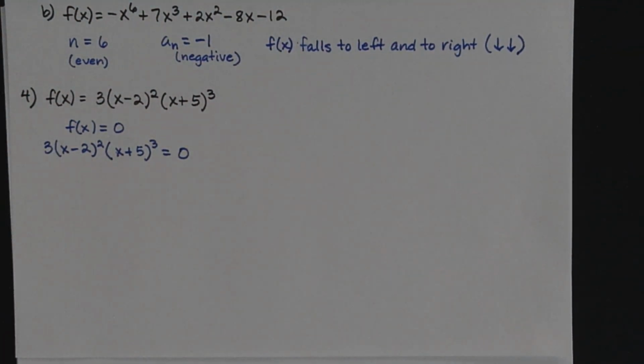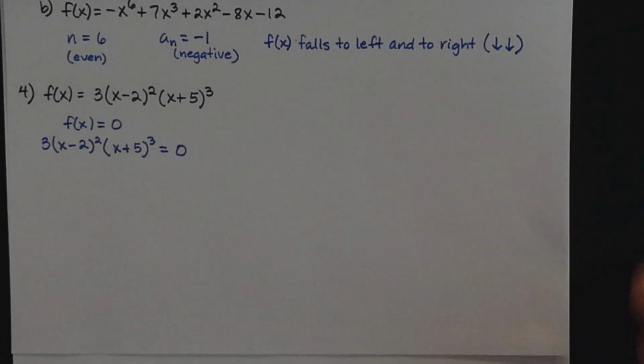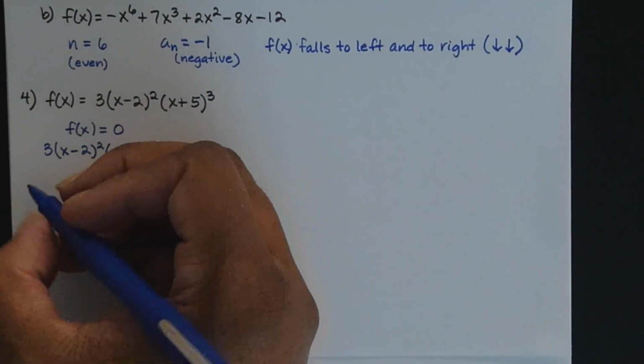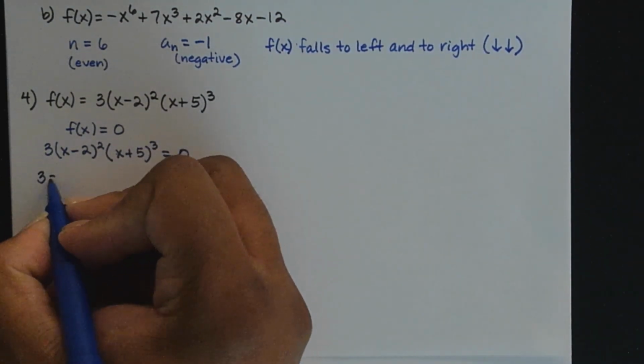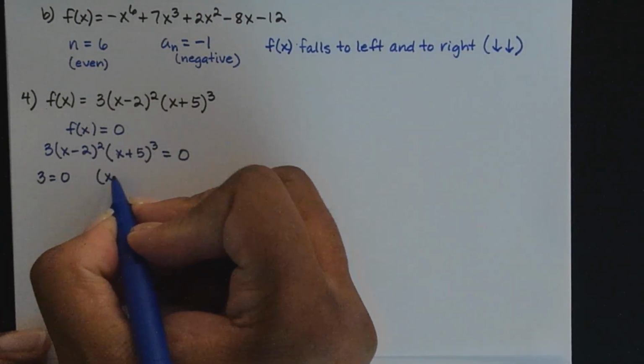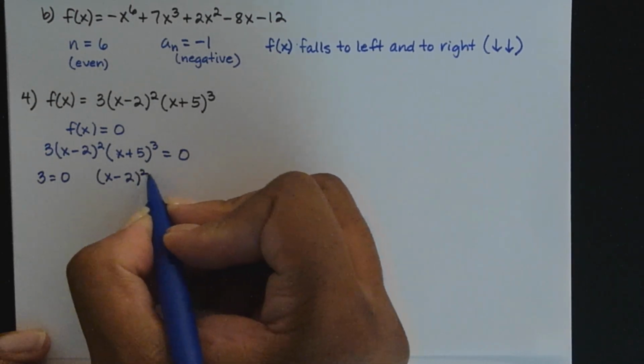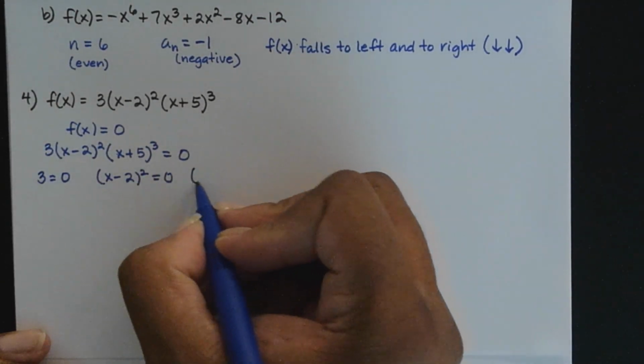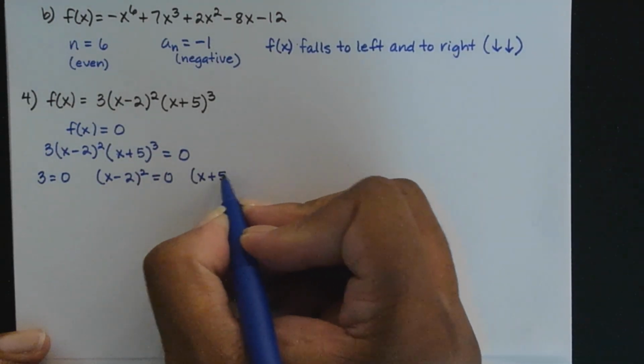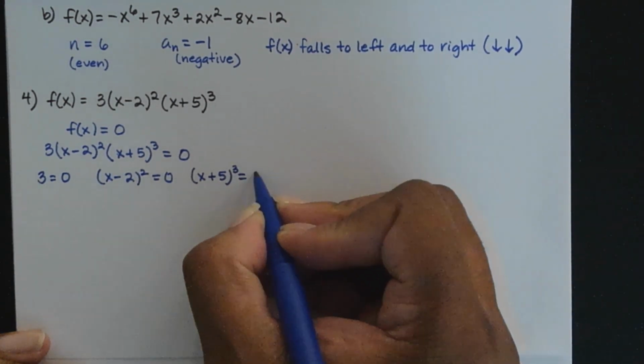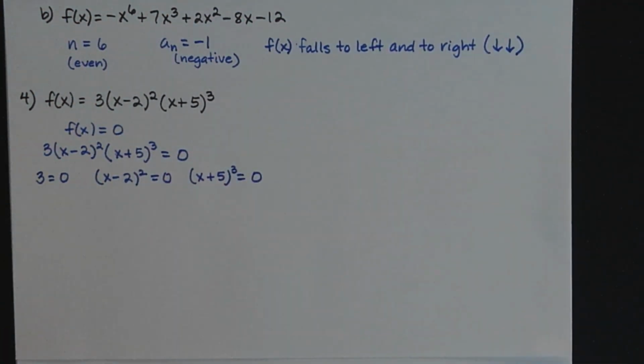Now, it's already factored completely, so all we're going to do is set each factor equal to 0 and solve for x. So I'll set 3 equal to 0, then set x minus 2 quantity squared equal to 0, and then set x plus 5 quantity cubed equal to 0.